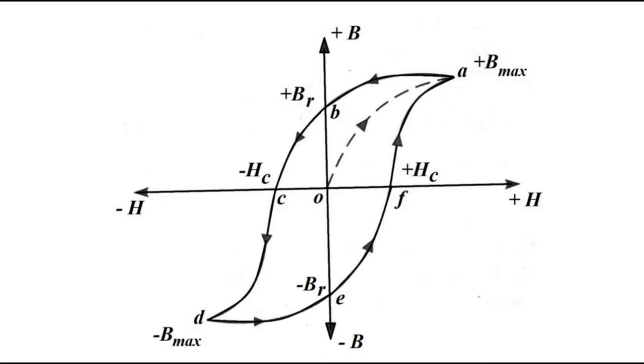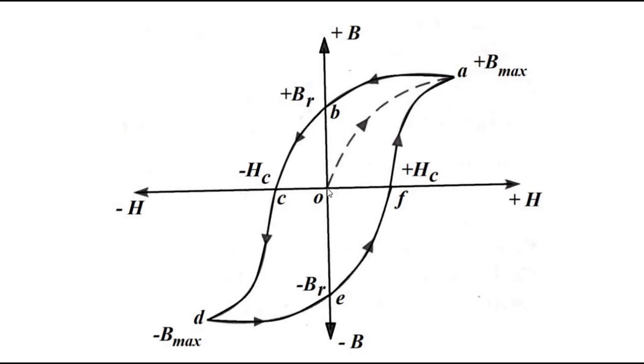Okay, so we will start from this point O, where the magnetic force is 0, nothing is given, no magnetic field is applied, and the resultant magnetic flux density in the coil is also 0.